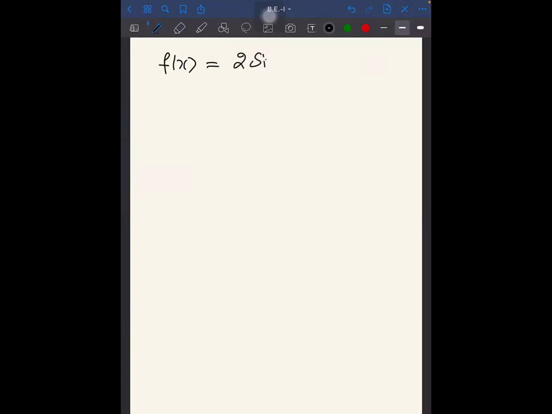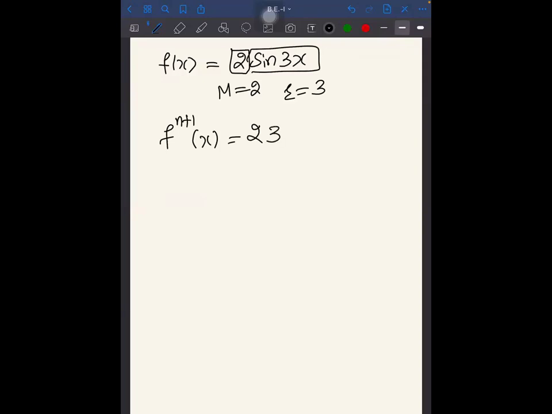Let's say if I take f(x) to be 2 sin 3x, then actually your M is 2 and your r is 3. Right? Why? Because if you consider this f^(n+1) होगा क्या? ये दो तो कांस्टेंट ही है ना, जितने मर्जी डेरिवेटिव ले लो. और साइन के अगर n plus 1 डेरिवेटिव लोगे तो 3 को कितनी बार बाहर आना पड़ेगा? n plus 1 बार. है ना?